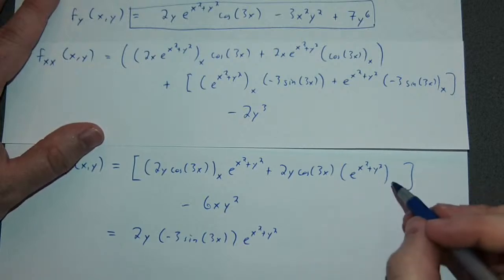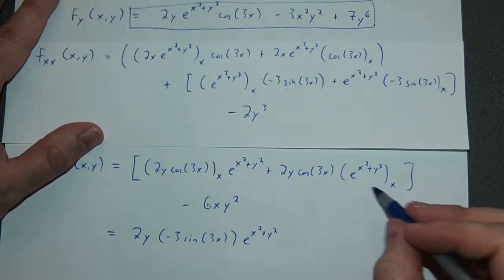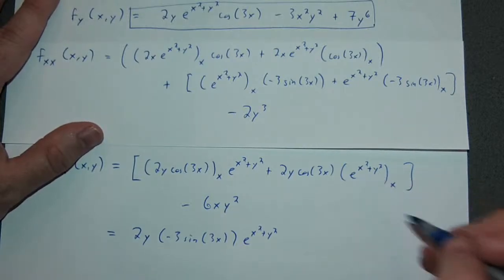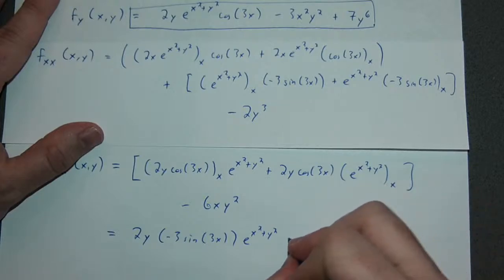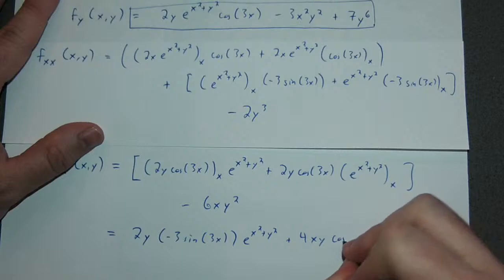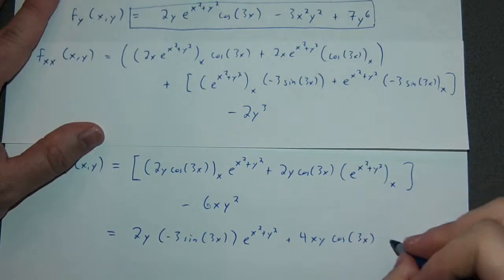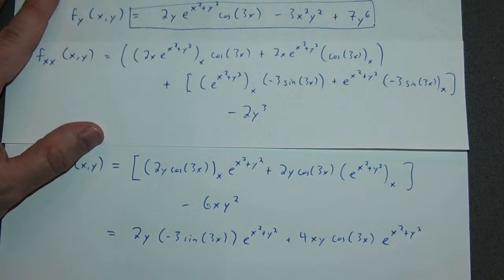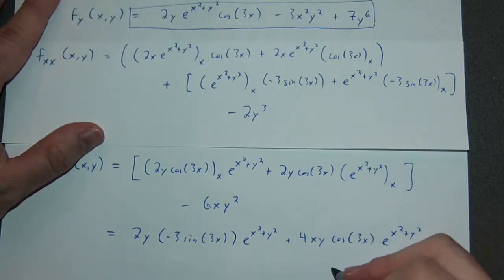Here this is going to be the x partial of e to the x squared plus y squared, so this is plus 4xy cosine of 3x times e to the x squared plus y squared, minus 6xy squared.